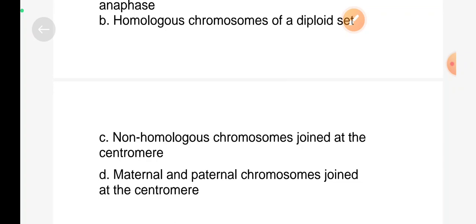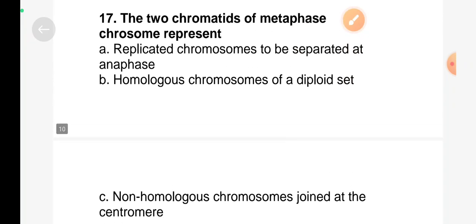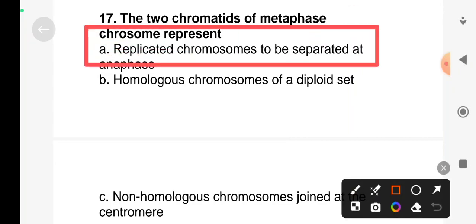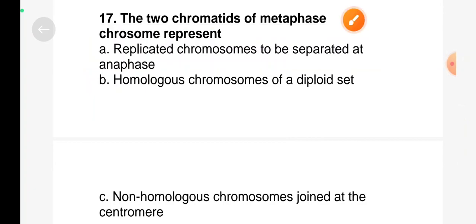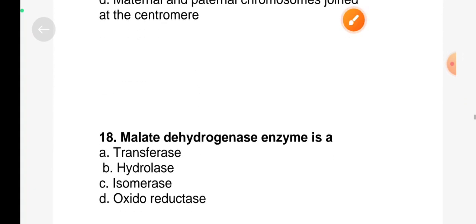Correct answer is option A, replicated chromosomes to be separated at anaphase. The two chromatids of a metaphase chromosome represent replicated chromosomes to be separated at anaphase.